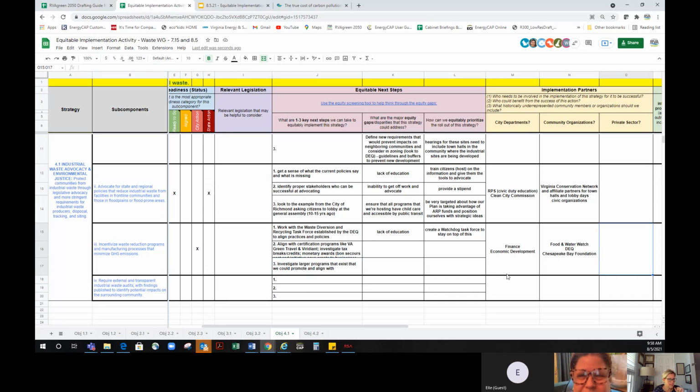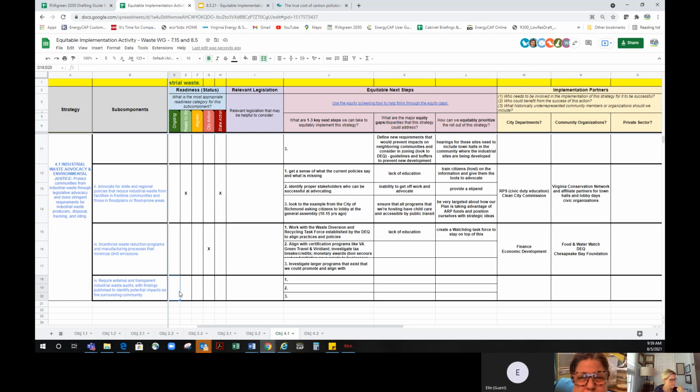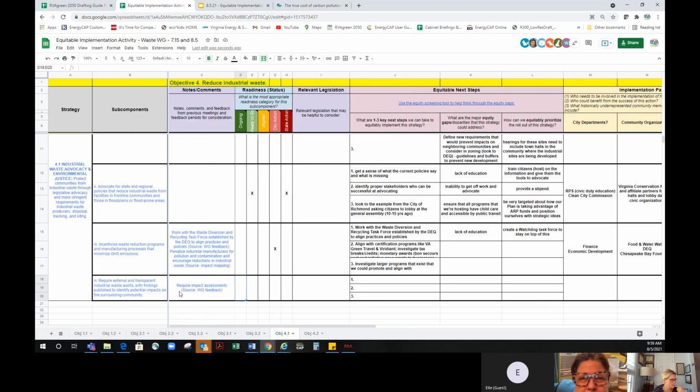Okay, great. How about require external and transparent industrial waste audits with findings published to identify potential impacts on the surrounding community? It's a great idea. There are some privacy issues with external and transparent.